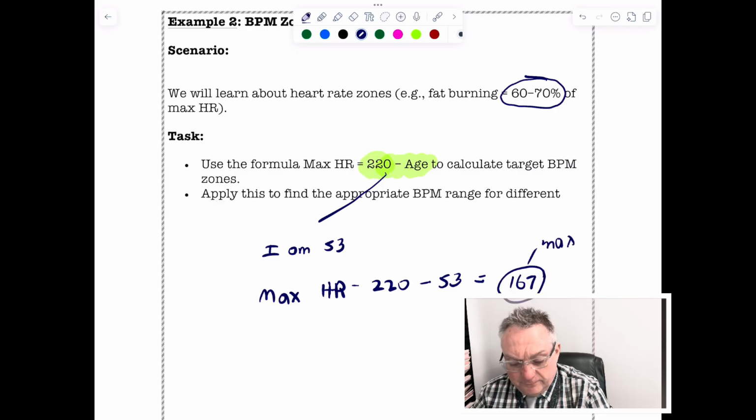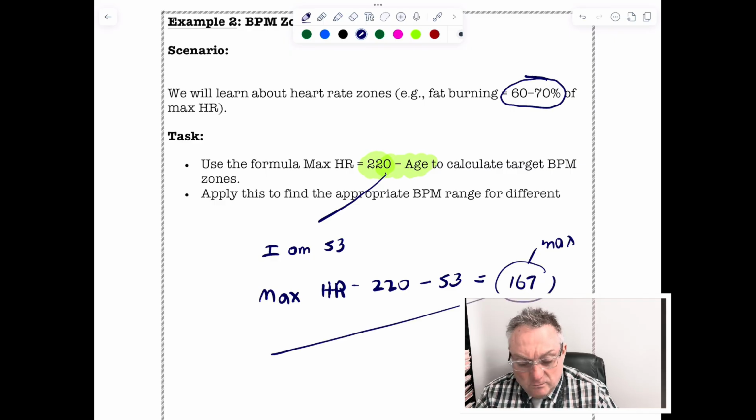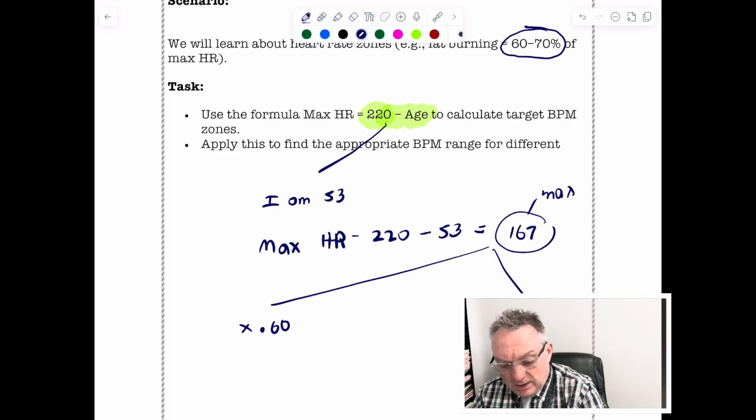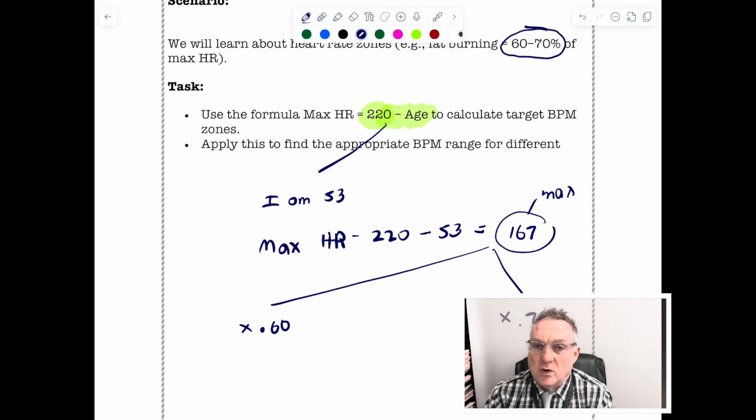And so I want to find my range for training. My lower range, I'm going to multiply by 0.60 for 60%. That'll give me my lower heart rate range. And my upper heart rate range will be 0.70. And that'll be my training zone for maxing out fat burning.